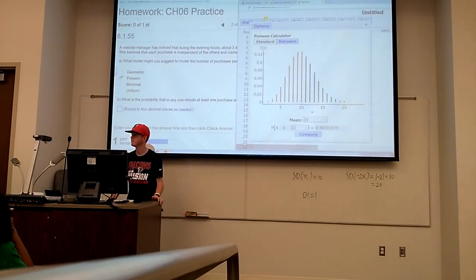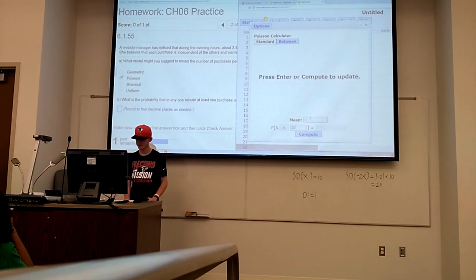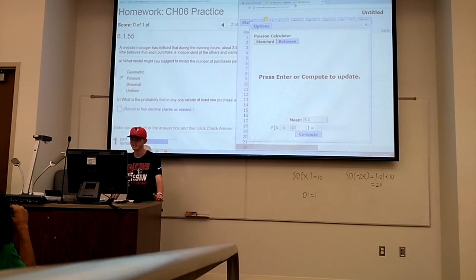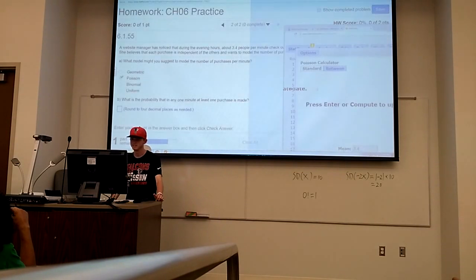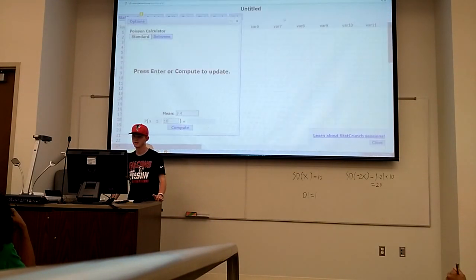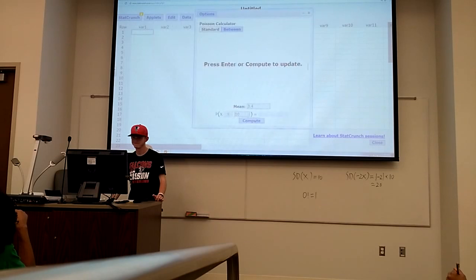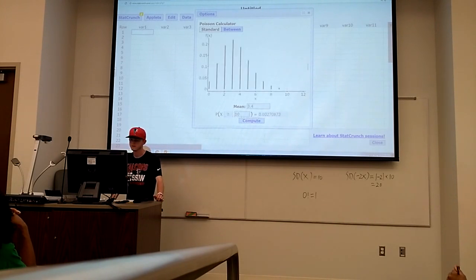So the mean's 3.4. And then P would be 1. What is the question? What is the probability that in any 1 minute, at least one purchase is made? At least one purchase, so should we use equal, less than, or greater than? I believe it should be greater than or equal to. And how many purchases? Just 1.